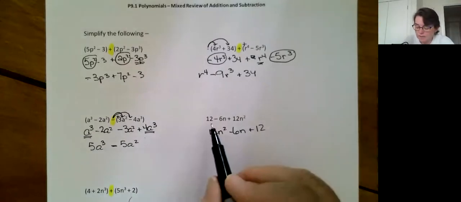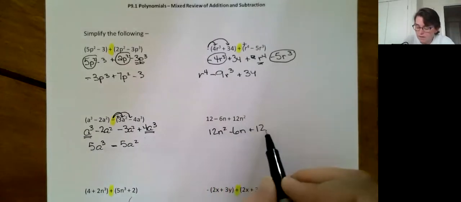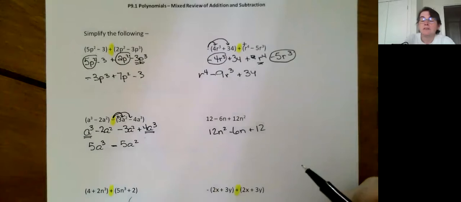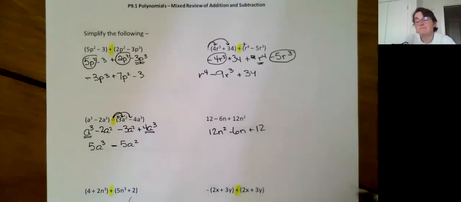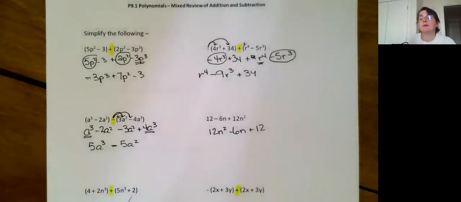Let's just put it in descending order. And there we go. If you feel the need or you don't want to do that and you write can't combine, no like terms, that's probably fine too. Talk to your instructor if it's not me. See what they prefer. Okay, but this is probably what I would do.